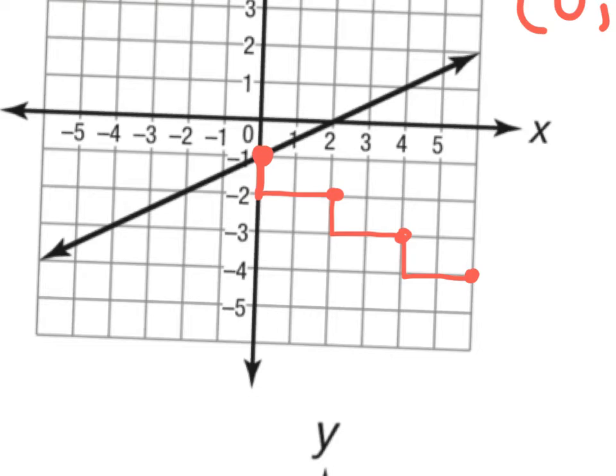I'm going to show you using another color. Let's say, for instance, that the 1 was positive and that the 2 was negative. So starting out here, if our 1 is positive, which direction are we going? Up or down? We're going up. And then if our 2 is negative, which way are we going? To the right or to the left?